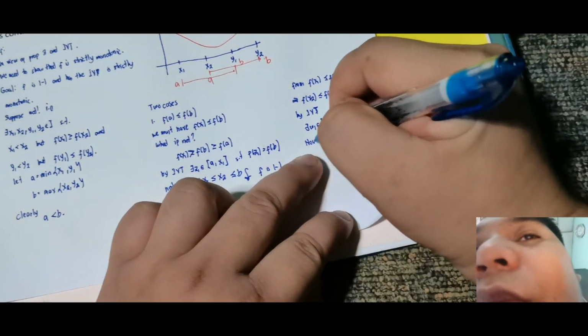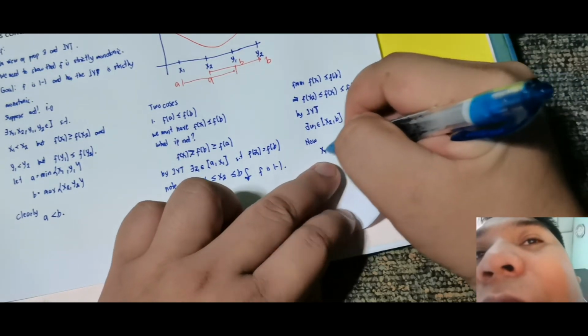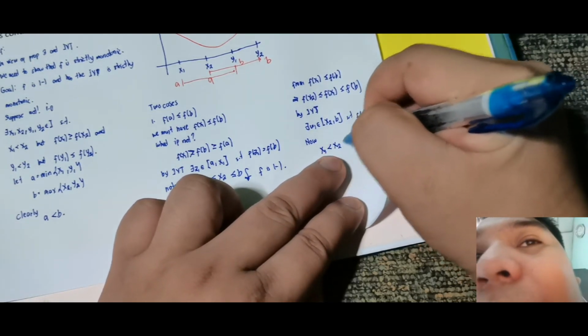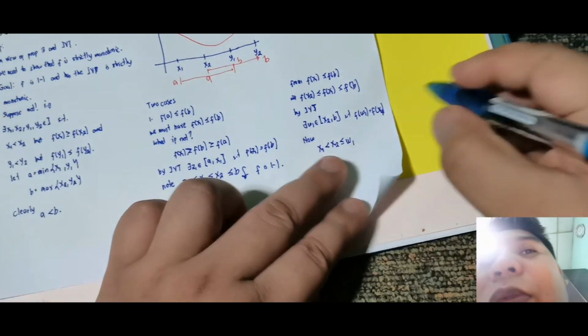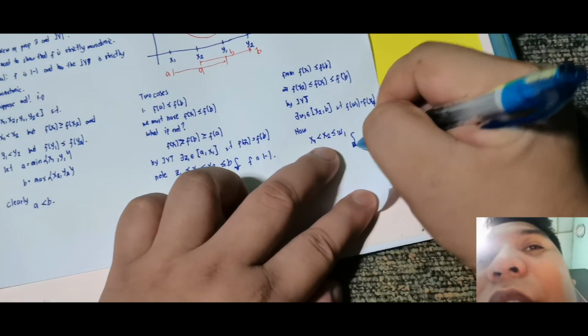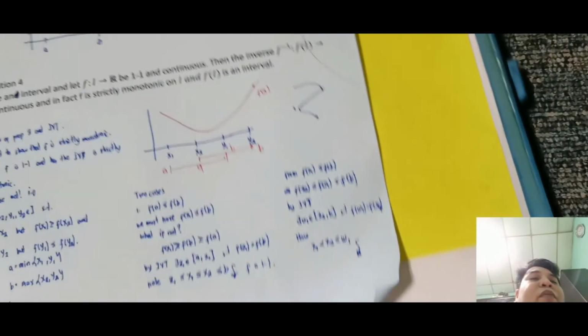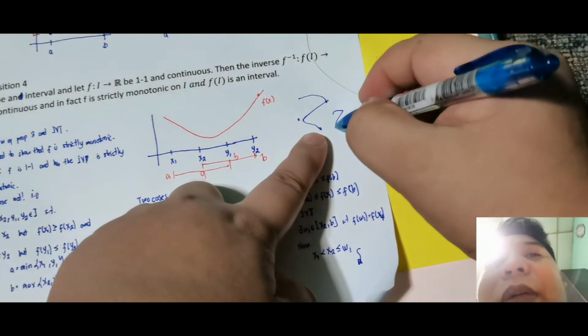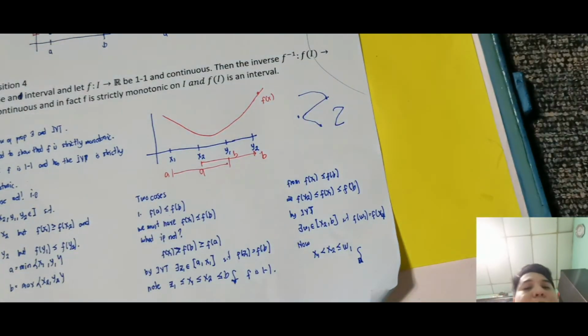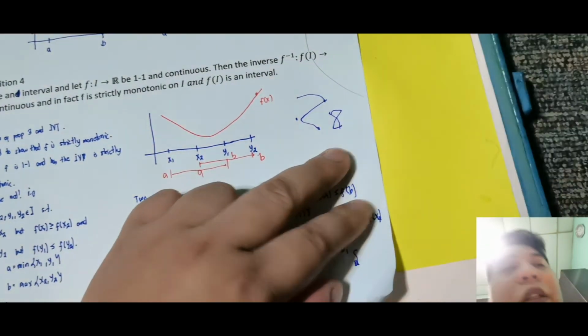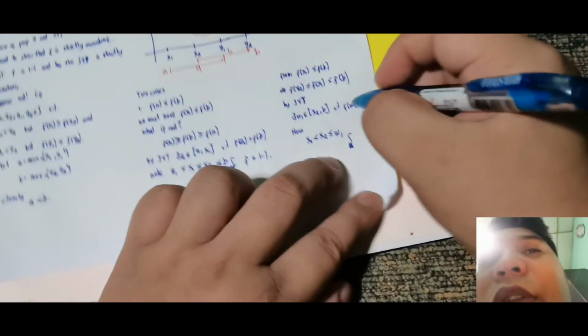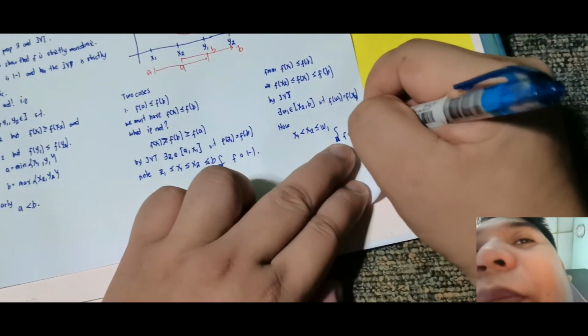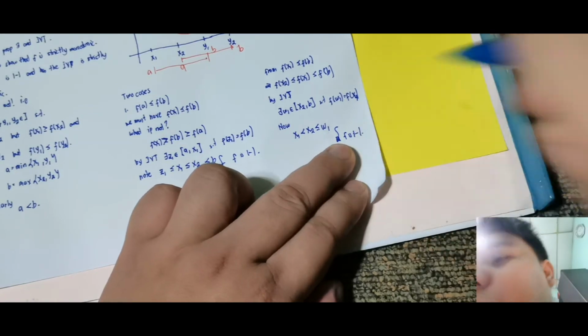Now, si x sub 1 is less than x sub 2, less than or equal sa w sub 1, which is another contradiction. Kasi nangyari na naman, umulit-ulit, another graph, babalik ako papunta doon. Parang gano'n nangyari dyan. So, f is 1 to 1.